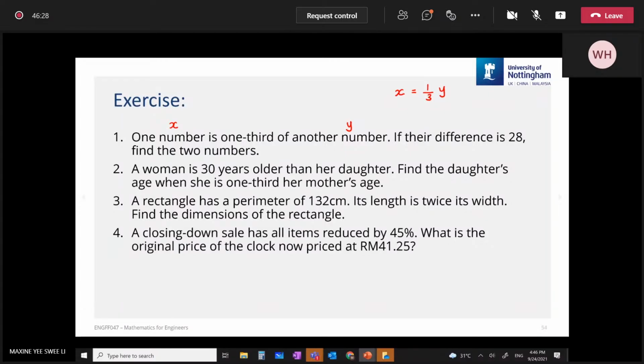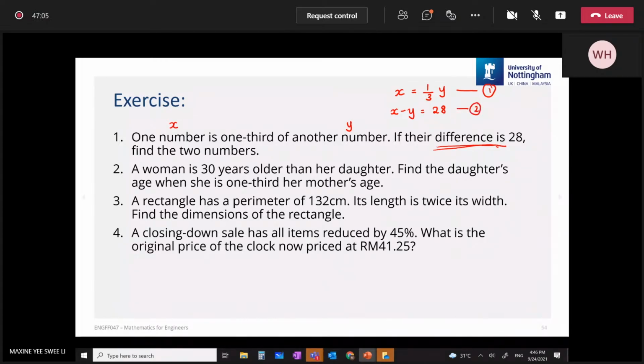Oftentimes in this type of word problem, you have a few mathematical equations. So this is the first one here. Next, if their difference is 28, so you can say x minus y equals 28.